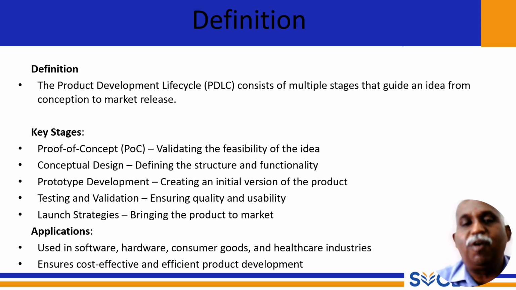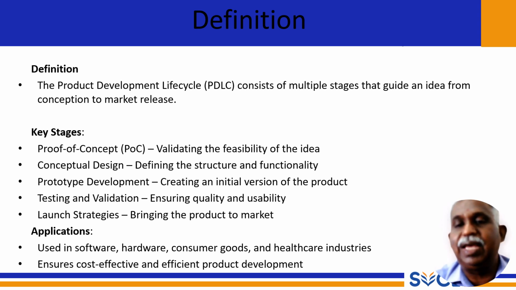One is proof of concept, validating the feasibility of the idea, then design, drafting the structure and functionality of the product, creating a prototype, then testing that prototype, then bringing it into product. The travel starts from the lab and ends with the market.